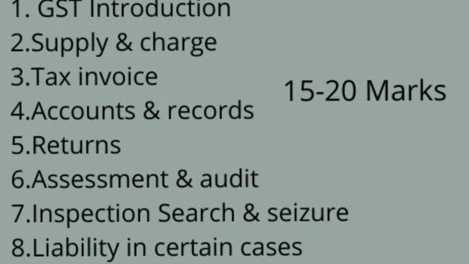Case laws may not come, as they have stopped asking. Now whatever questions there are, all is covered in this. So now you have to do the topics that I have listed in category C.